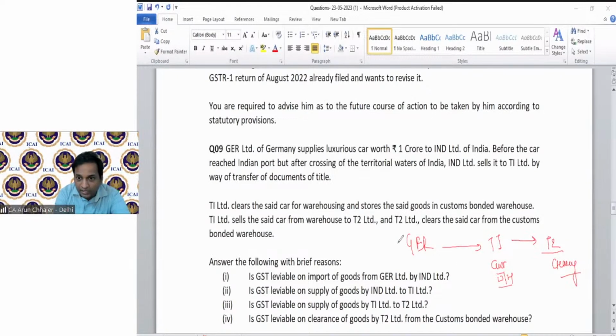And he sold the car on the basis of documents. Okay. So now, is the GST leviable on import of the goods from GER Limited by IND Limited? Sorry. There is one more party, IND.